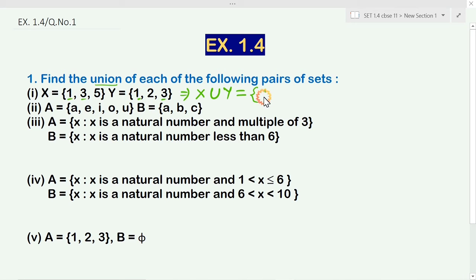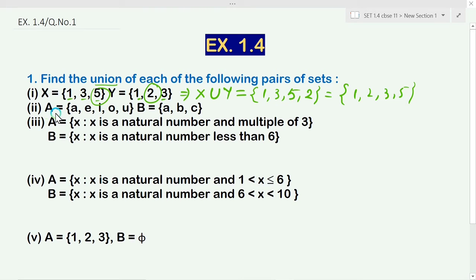So write 1 and 3 first, then the remaining elements, that is 5 for X and 2 for Y. So comma 5 comma 2, you can write in order, that is 1, 2, 3, 5. So this is X union Y. Okay.